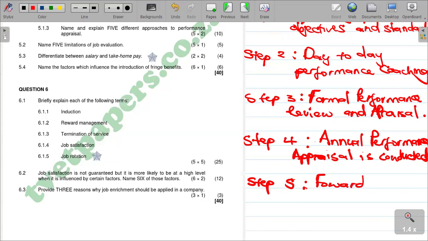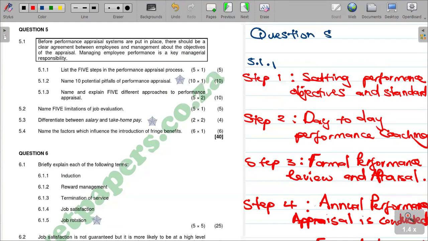Forwarded appraisal ratings to Human Resource Department. So these are the steps in the performance appraisal process.